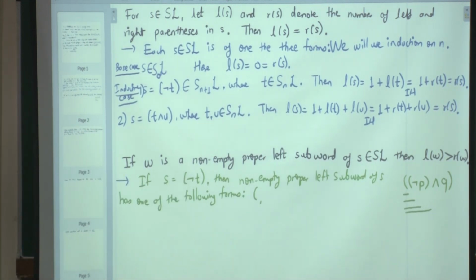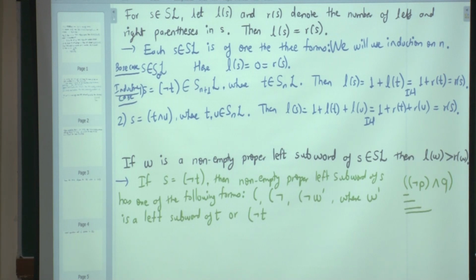It can be that parenthesis followed by negation, or it can be negation followed by W dash, where W dash is a left subword of T, or finally it can be just this. Okay, these are the only possible 4 forms.